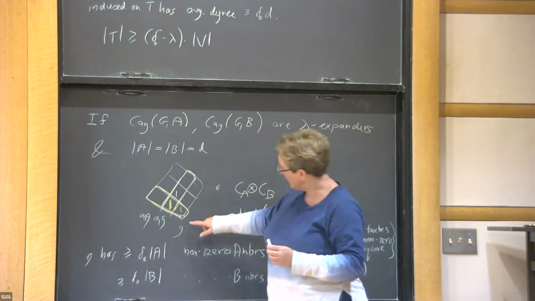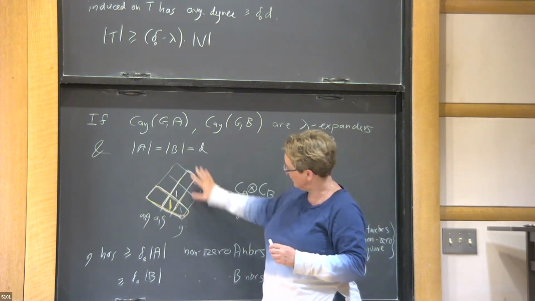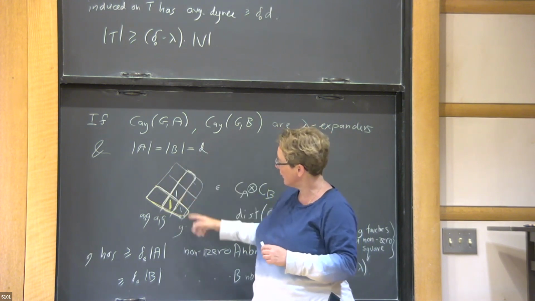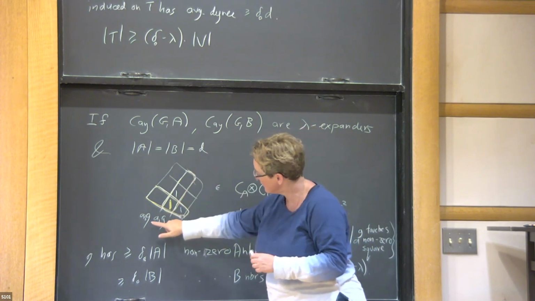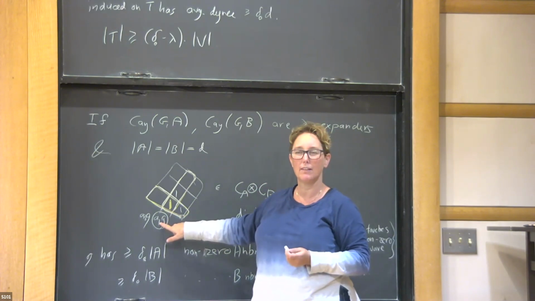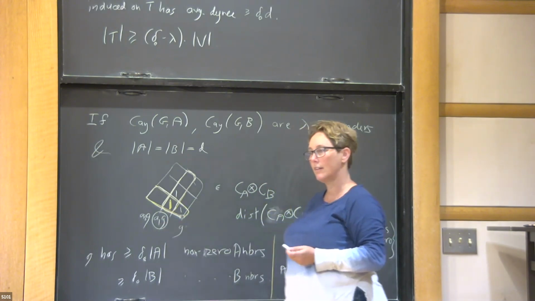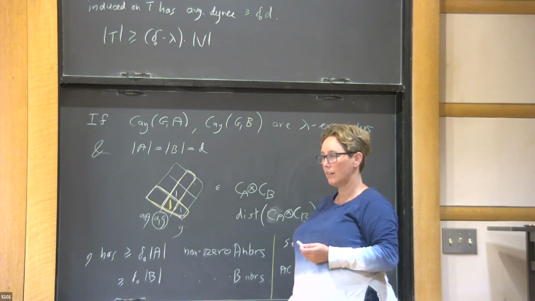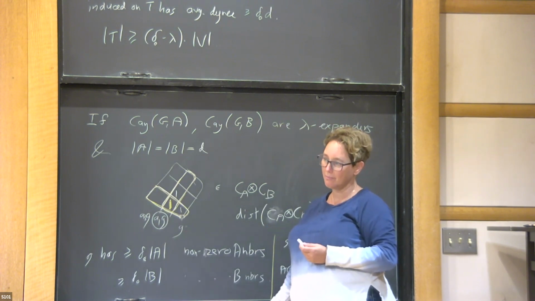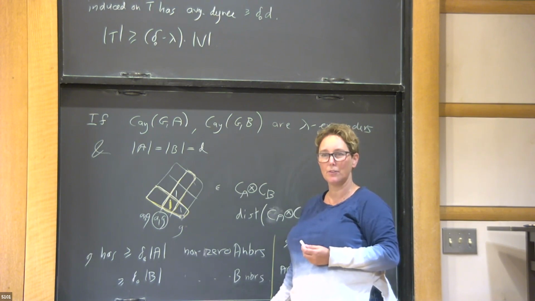Right, and you're saying that because the local view at G is non-zero, it means that some of these rows are non-zero, and then for a row to be non-zero, it means that this vertex, A times G, is itself inside the set T. But actually, it seems to me now, when listening to you, that for this argument, it's enough that only one of the codes has a good distance. You don't really need the other one. Possibly, because you can only walk on that skeleton, you go along A and you ignore B, and the argument still works. Possibly, yeah. Shachar, does that answer your question? Yes, thanks.